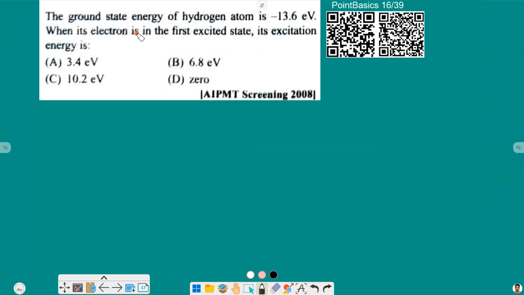The ground state of hydrogen atom is minus 13.6 electron volt. When an electron from its first excited state is excited, the excitation energy is. Now here it is mentioned that the electron is in the first excited state. For the ground state of hydrogen atom, or for any hydrogen like atom, n is equal to 1, and for the excited state n is equal to 2.